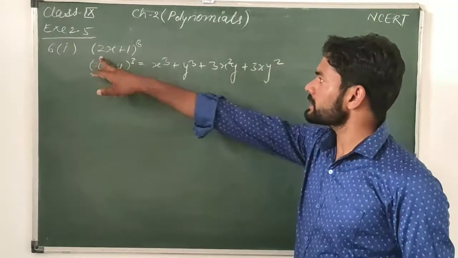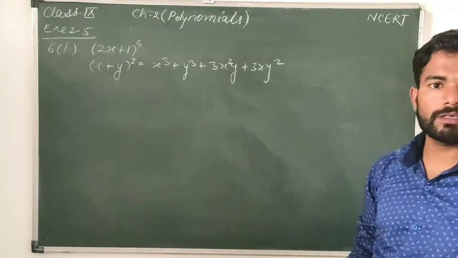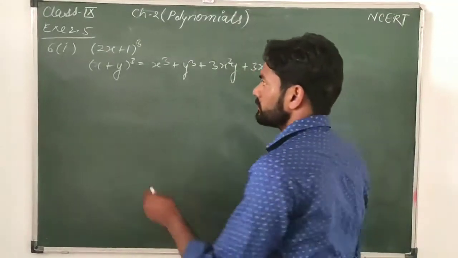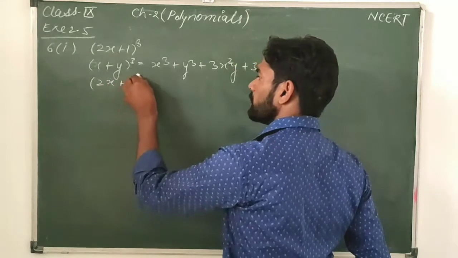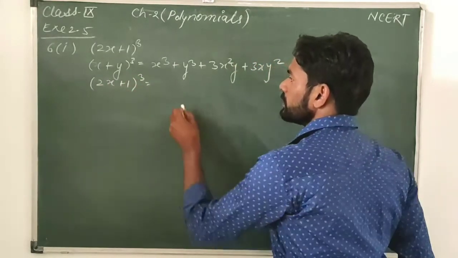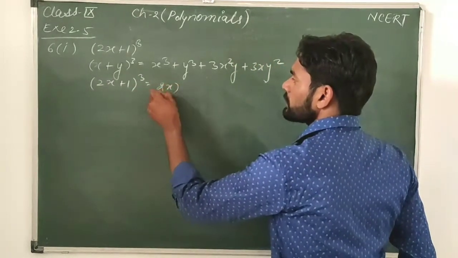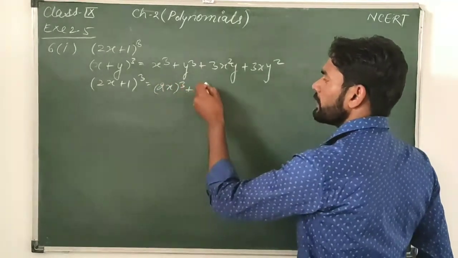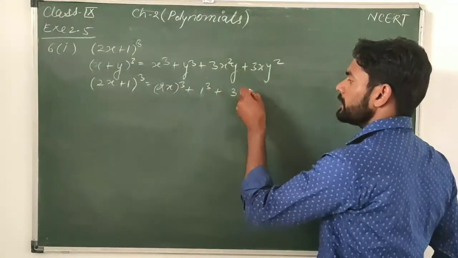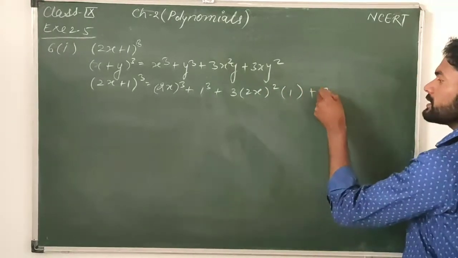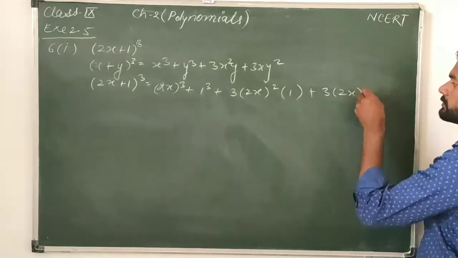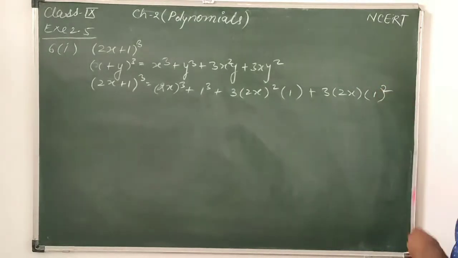Now apply x is 2x and y is 1 in the given. Then (2x + 1) whole cube is equal to (2x) whole cube plus 1 cube plus 3 into (2x) whole square into 1 plus 3 into 2x into 1 square.